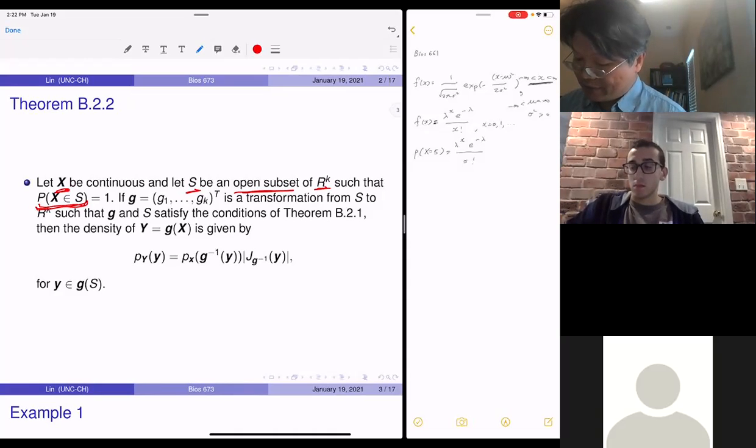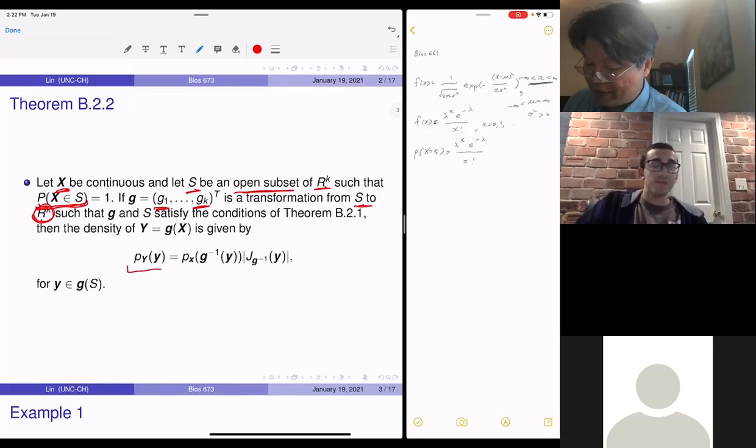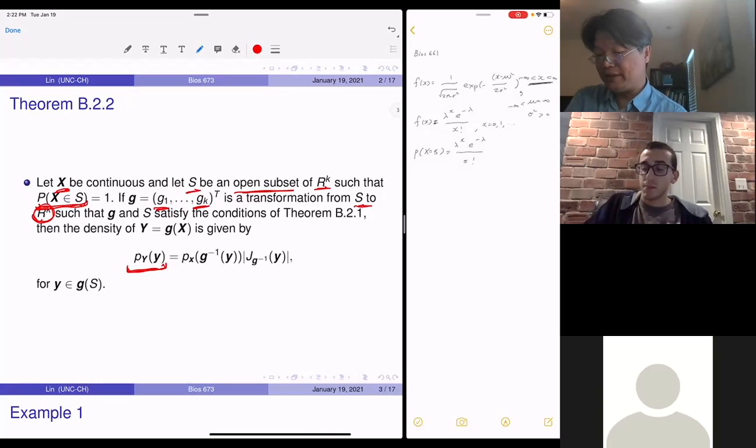So if I talk about g1 to gk as a transformation from S to R^k, that means I have a 1-to-1 transformation: I have k transformations, and the outcome of the transformation is also k-dimensional. If that's the case, then I can write a new PDF, or actually a new joint PDF if I specifically say so, but sometimes you can tell it's a joint PDF from the joint term. A new PDF is going to be the old PDF.